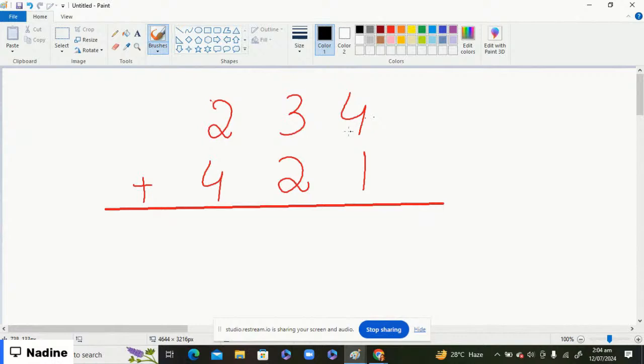When you add 4 plus 1, that is 5. Then add 3 plus 2, which is again 5. And now the next is 2 and 4. So 2 plus 4 is 6. So this is the way to solve that question.